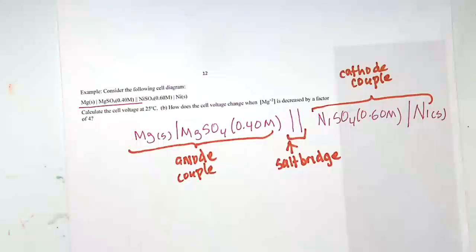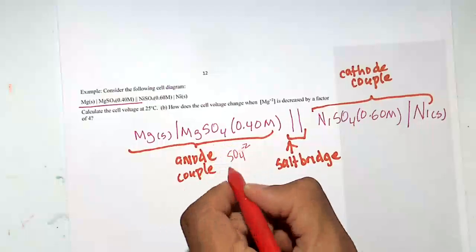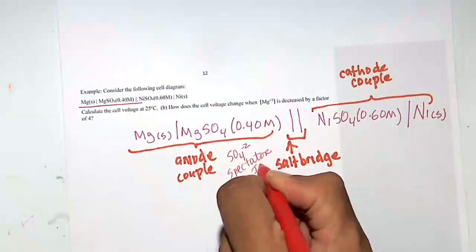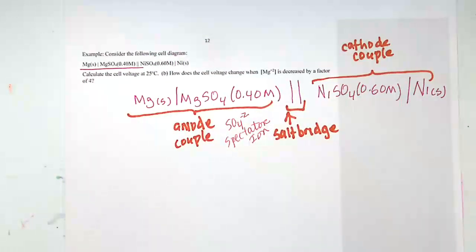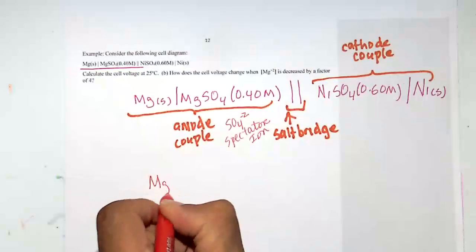All right, so can anybody see what the spectator ion is in all of this? SO4 minus 2 is the spectator ion. Okay. So in the anode, we have Mg solid going to Mg aqueous.